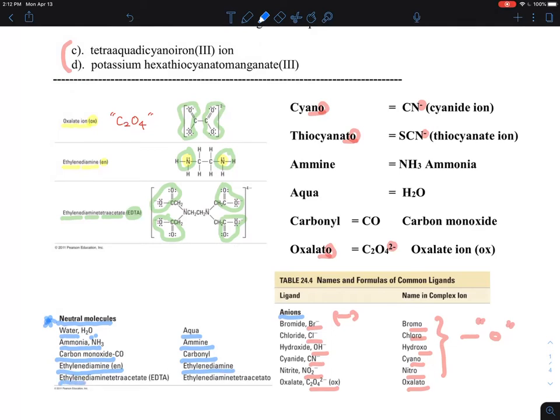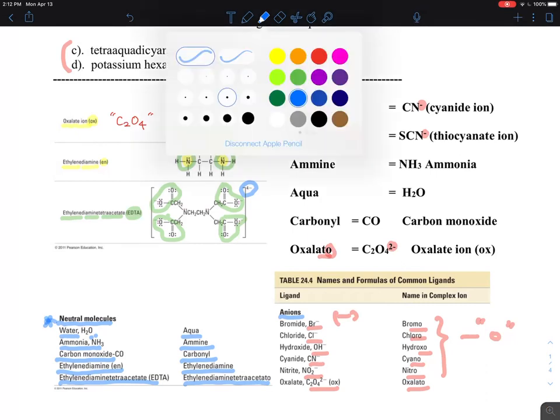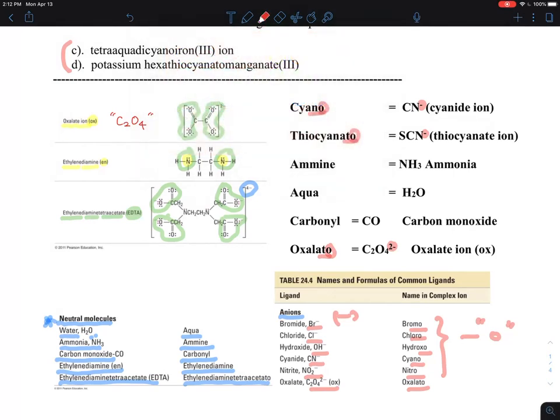And then EDTA, ethylene diamine tetraacetato. Because if you look at that, I don't know why they put it as neutral, but this is a negative one, so this one should have the O at the end, because of the negative charges that the EDTA has. So EDTA is a really well-known, very strongly binding molecule there.